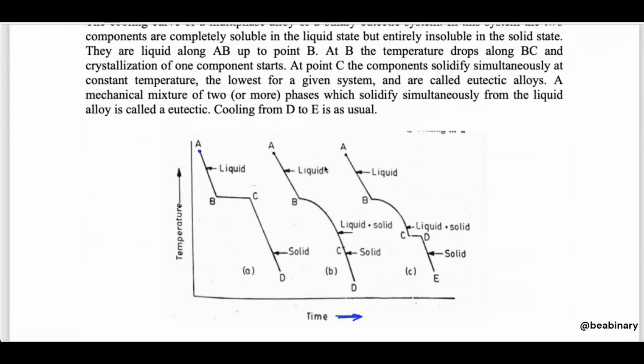So in that sense, from A to B, till A to B, you are having the same graph. It means as long as you extract the heat, they will cool down. But B means the critical point, and the critical point of this particular material and this particular material are the same.